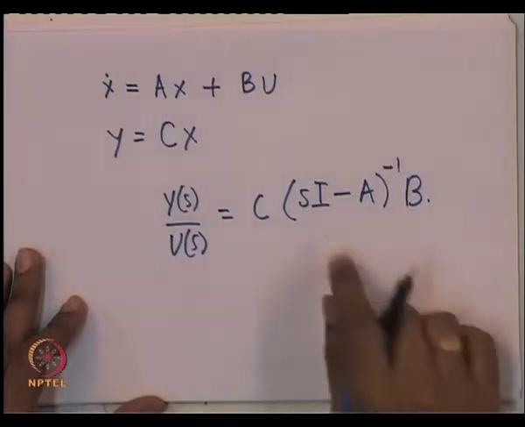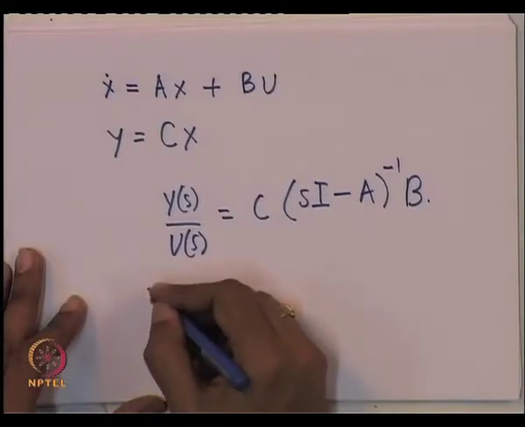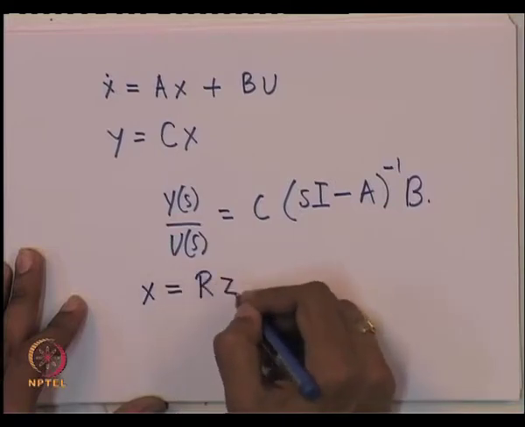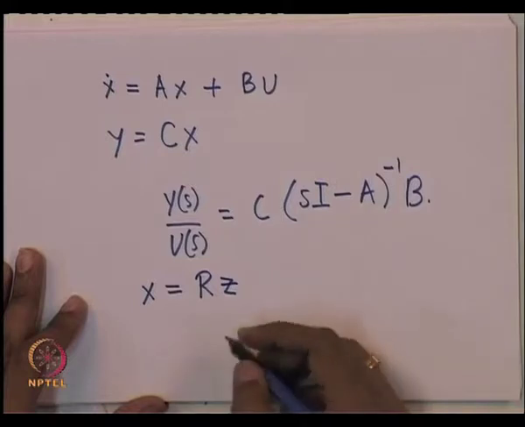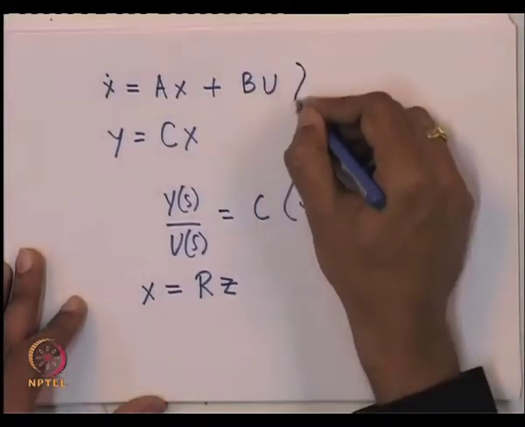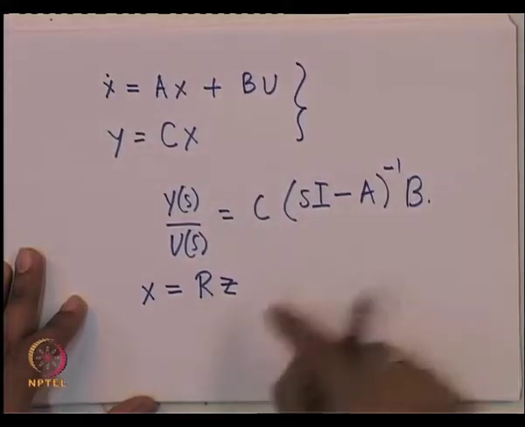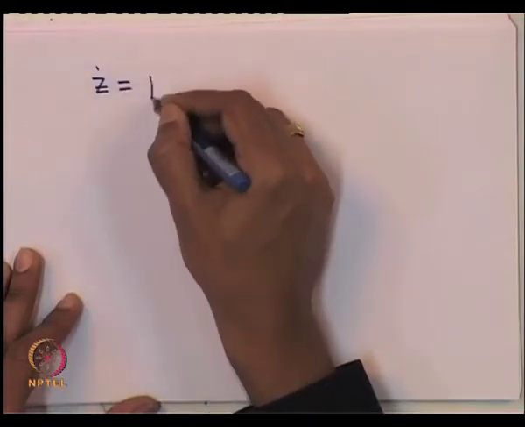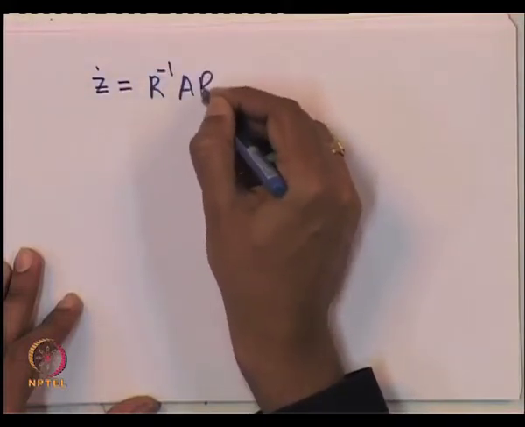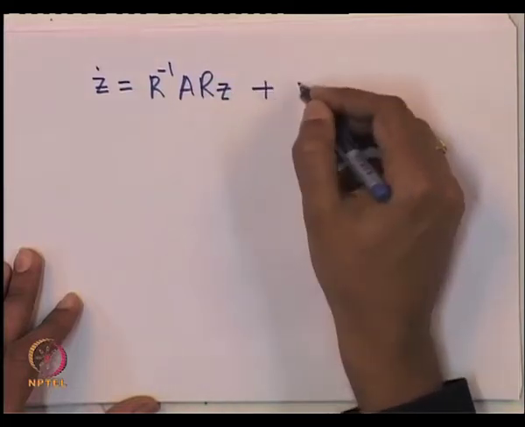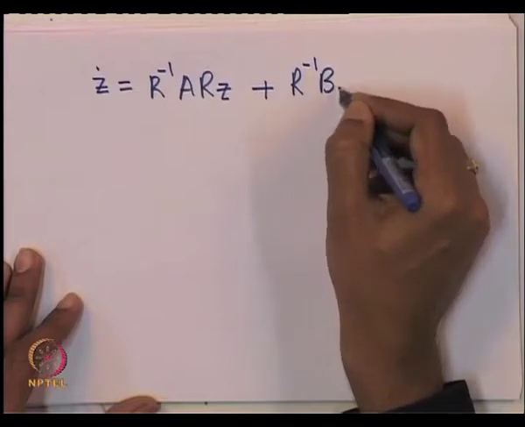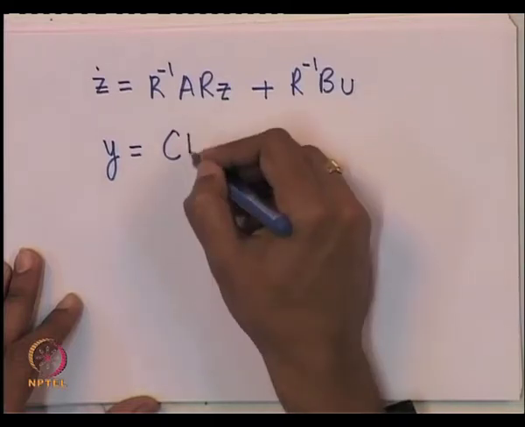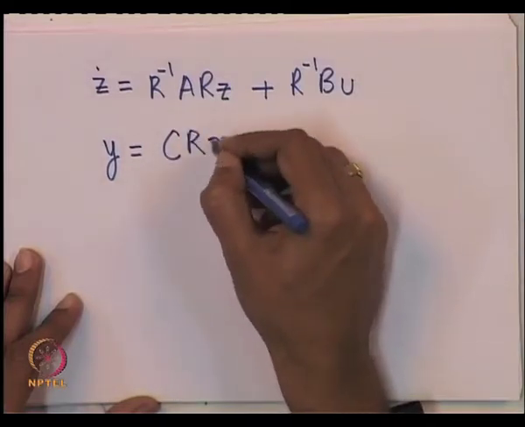Now, one interesting thing is, if I use a transformation of variables x = R z, then the same system written in terms of the z variables will be z dot = R^-1 A R z, the same system, plus R^-1 B u, and y = C x, which is nothing but C R z.